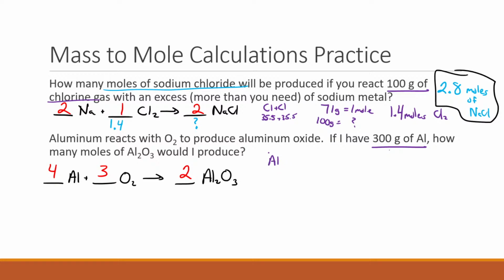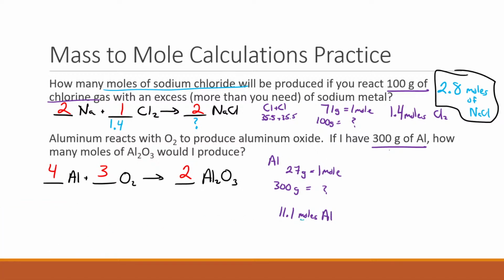For aluminum, we can look at the periodic table and find out that 27 grams equals 1 mole. So 300 grams equals something. 27 over 300 equals 1 over x. 27 over 300 equals 1 over 11.1 moles of aluminum.